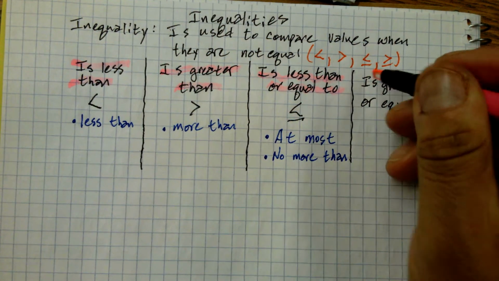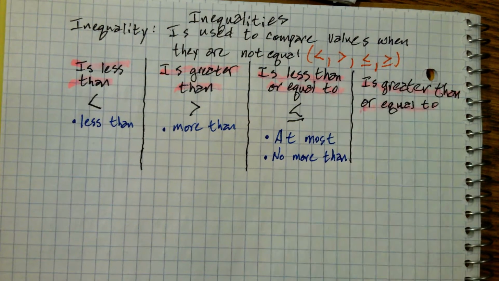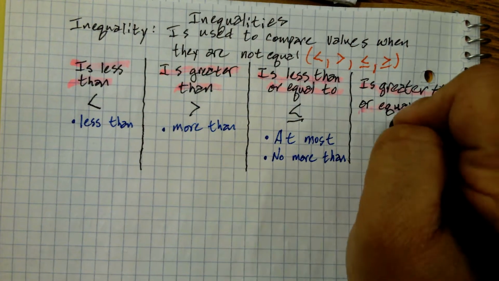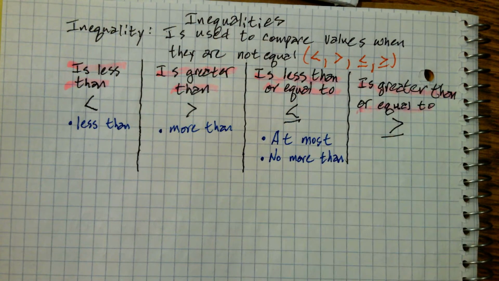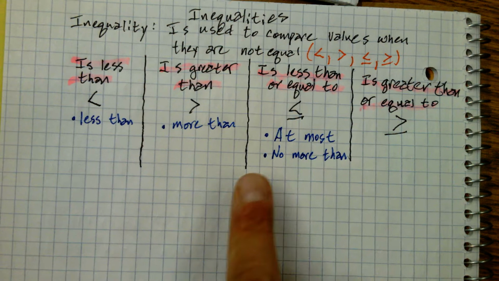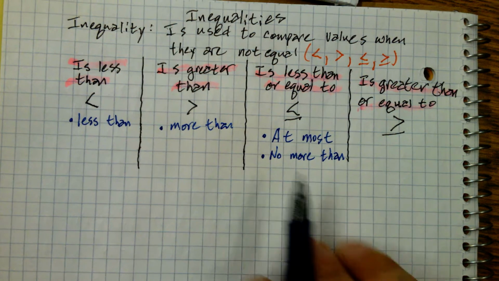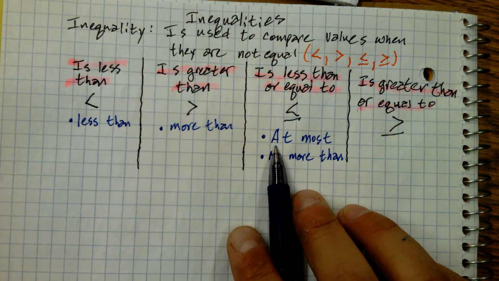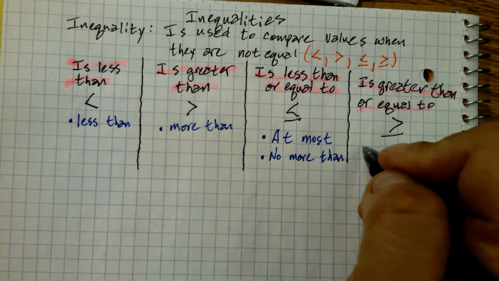And that one would be a greater than symbol and a bar underneath. All we have to do is reverse these phrases, and we have the common phrases. So what's the reverse of at most? At least.